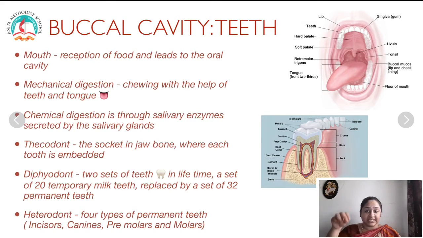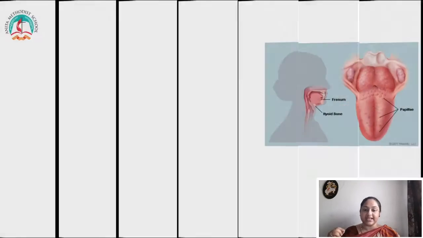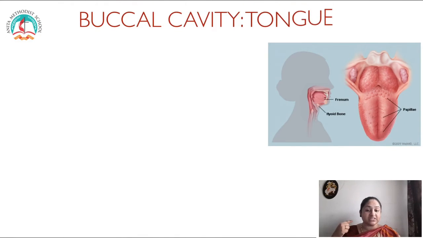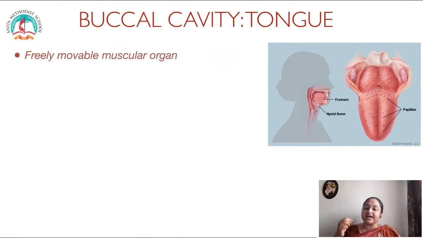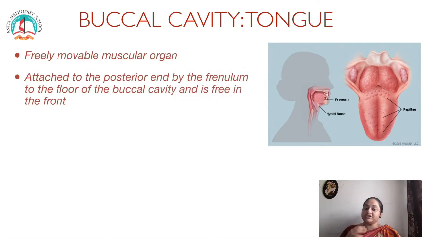And about the tongue in the buccal cavity. The tongue is a freely movable muscular organ. It is attached at the posterior end by the frenulum to the floor of the buccal cavity and is free in the front. And this acts as a universal toothbrush.